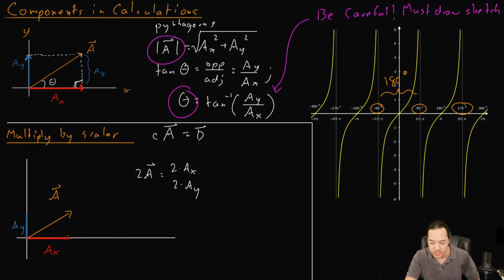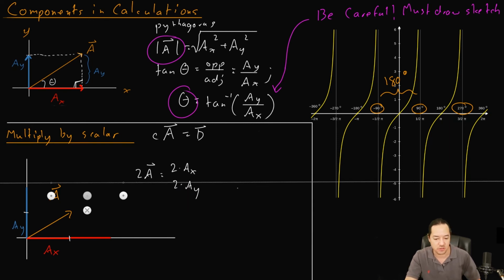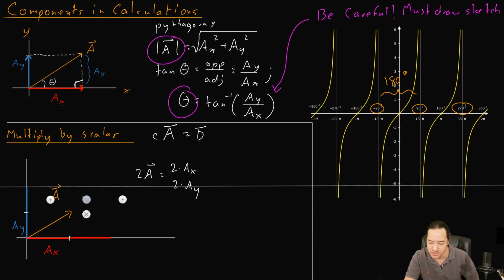So now, what is that going to look like? Well, I'm just going to eyeball this. If we double a sub x, it's probably going to look something like that. Maybe a little too long. Something like that, that's pretty good. And a sub y here is going to get doubled to about there. Now we can get a little ruler out and see where this is going to wind up.